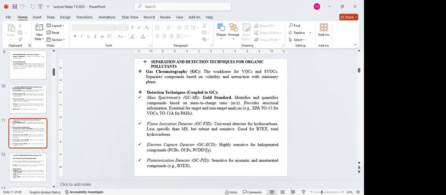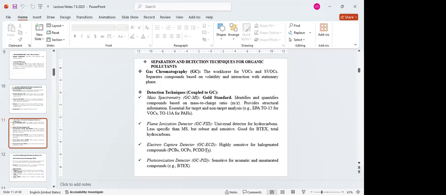Now, the other thing is that it has detection techniques that are coupled to the GC. One of them is mass spectrometry. When GC is coupled to mass spectrometry, we have a GCMS.